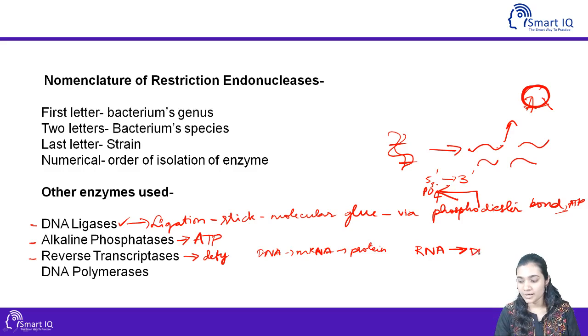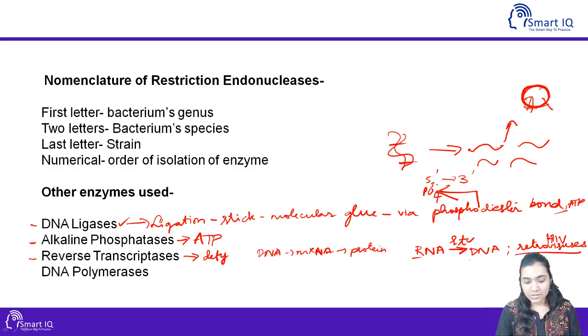From RNA you have DNA. In order to carry out the process of RNA to DNA conversion, you need reverse transcriptases. The viruses that possess this particular enzyme are known as retroviruses. HIV is one such example. HIV is a retrovirus. It may be helpful for you to know this bit of information. So reverse transcriptases are not compulsory everywhere in the biotechnology field.